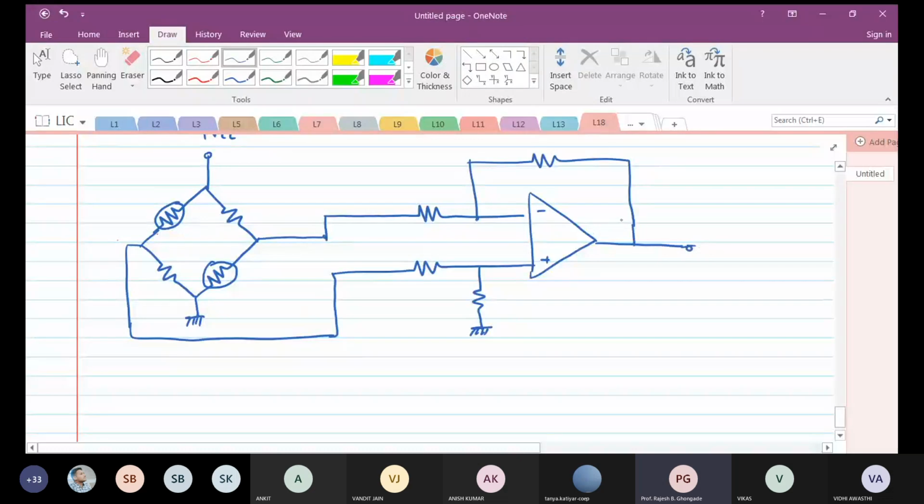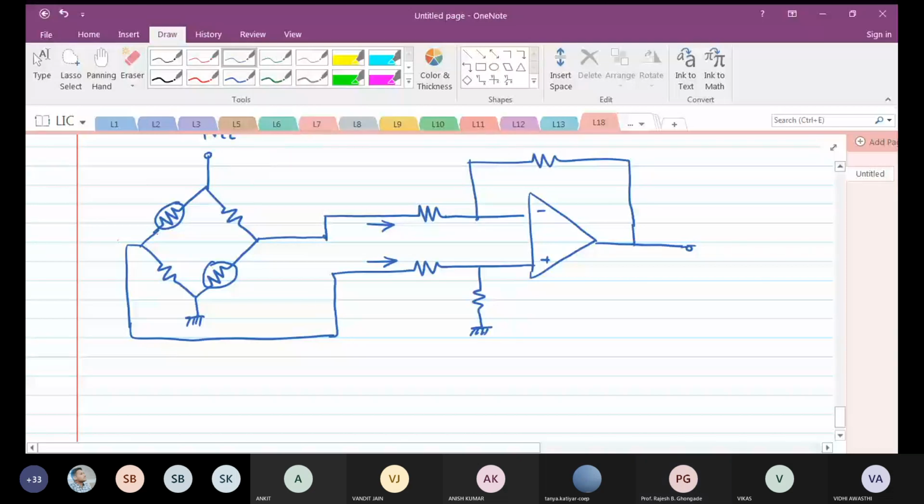This is the simplest configuration, the simplest application of the difference amplifier. But beware, this is not a good circuit. I am again and again telling you the same thing. The reason is that the input impedances looking into this terminal and into this terminal are not equal at all, and this is going to create problems.